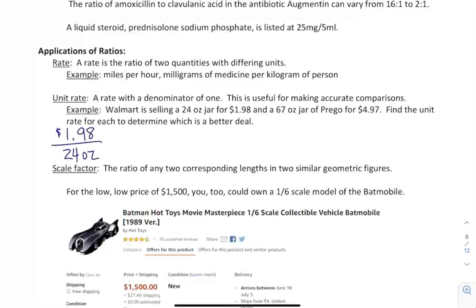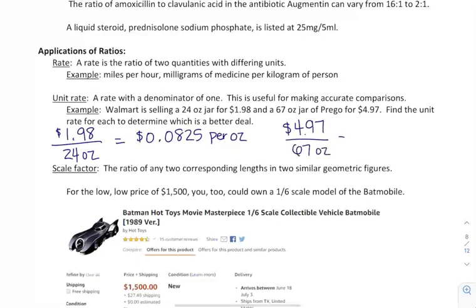Here, when you divide $1.98 by 24, you're looking at $0.0825 per ounce. This helps us compare the larger jar, that's $4.97, but you get 67 ounces.